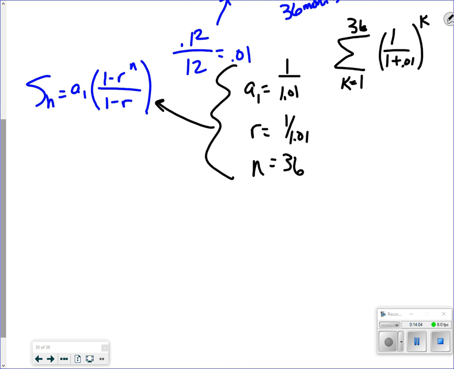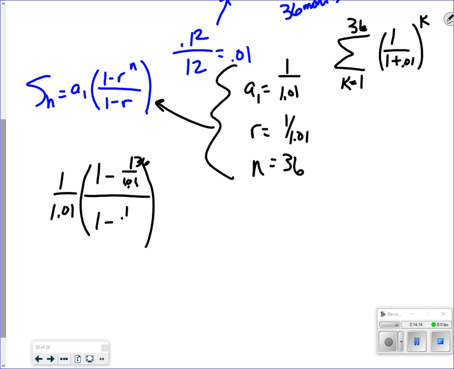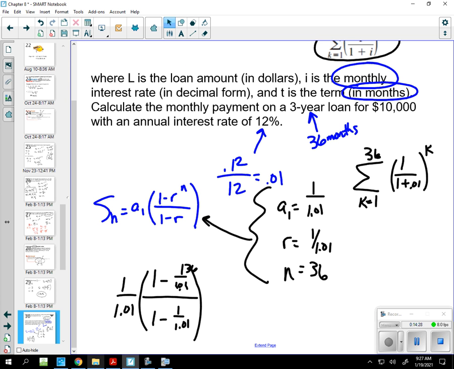Calculator, 1 over 1.01, 1 minus 1.01 raised to the 36th power, and then 1 minus 1 over 1.01. So there's a lot of 1 over 1.01 that has to be done here. So here we go. Let's go back to my calculator and see if we can get this right. I want to do everything in the parentheses first.